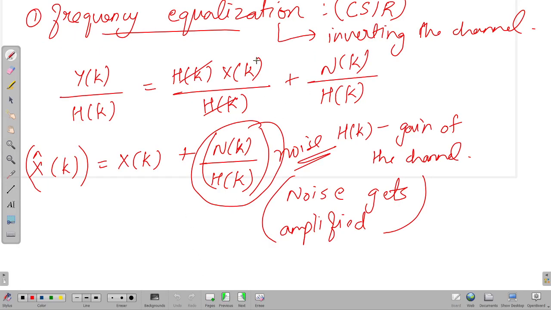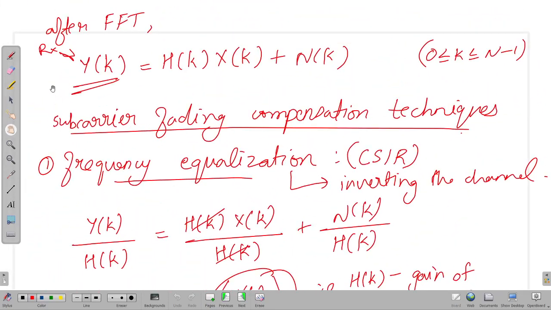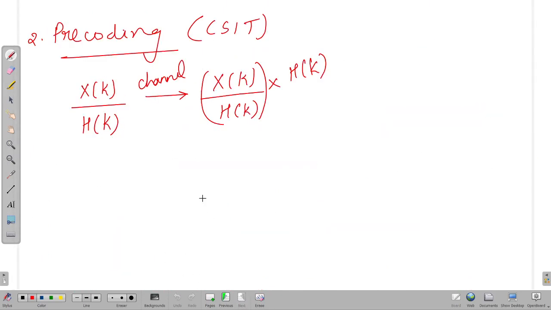Just like this. If x of k is the transmitted signal, then at the receiver, after FFT, you have x of k into h of k. Here the transmitted signal is x of k divided by h of k, so at the receiver you have x of k divided by h of k into h of k, plus there is some noise also.